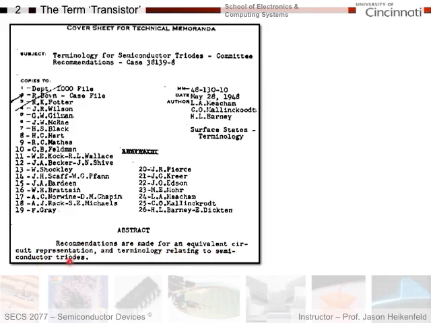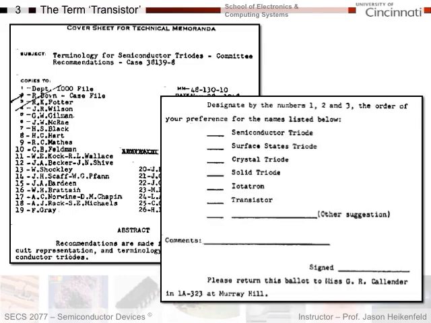I think it's interesting to look historically at some of the names they were thinking. So, here were your choices. You could designate in order, first to third priority in terms of rank order. You could have chosen back then semiconductor triode. So it's made of semiconductor material, and unlike a diode which has two contacts, a transistor has three contacts, hence triode, right?